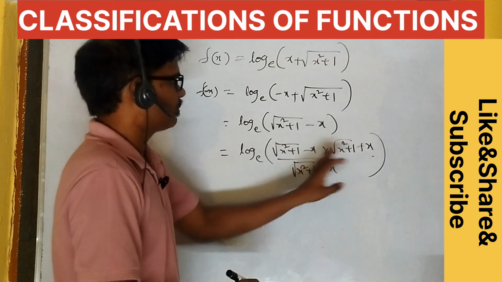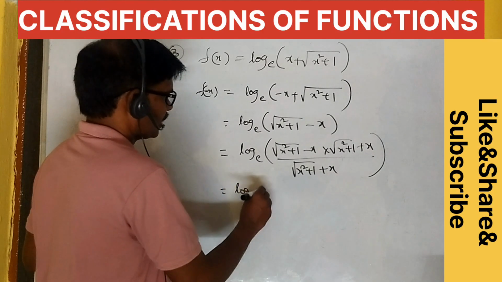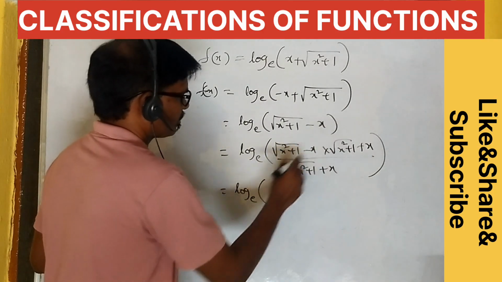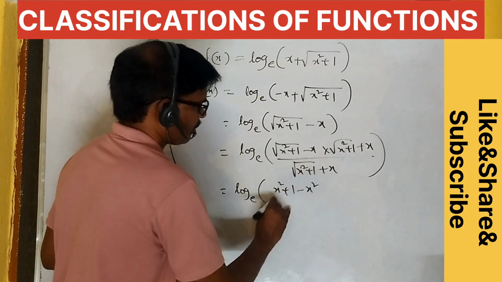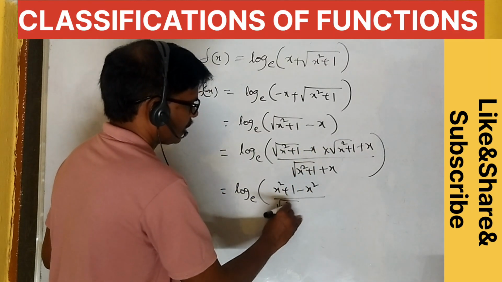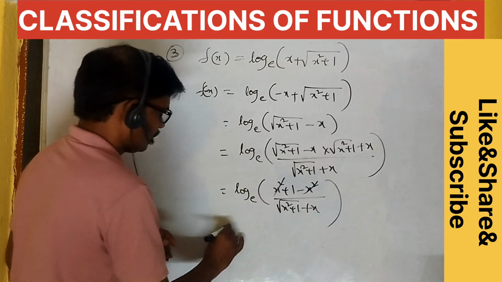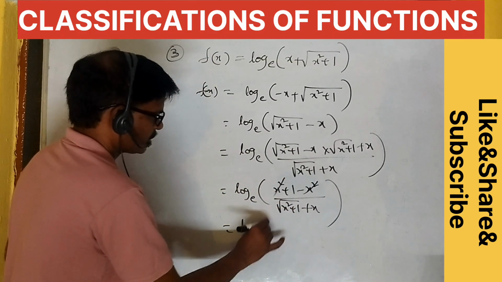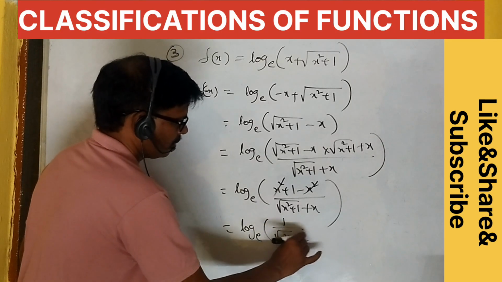Okay, a plus b into a minus b is a square minus b square, right? Here it is square root of x square plus 1 whole square minus x whole square, which is x square plus 1 minus x square, over square root of x square plus 1 plus x. Okay, x square cancels, equal to log base e of 1 by square root of x square plus 1 plus x.